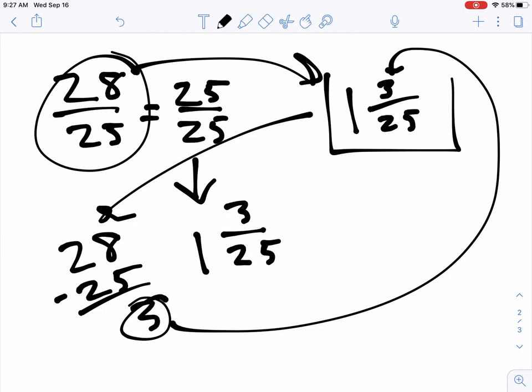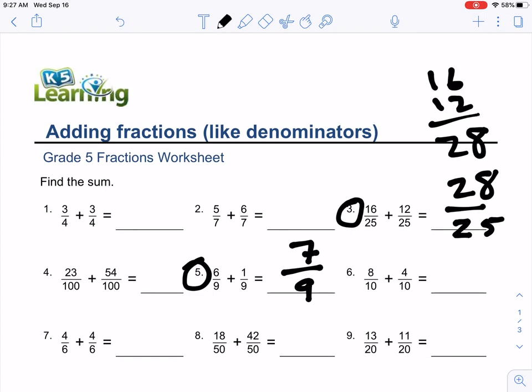Both methods work. They're kind of the same thing. So we're going to get rid of that, and the answer is 1 and 3/25ths.